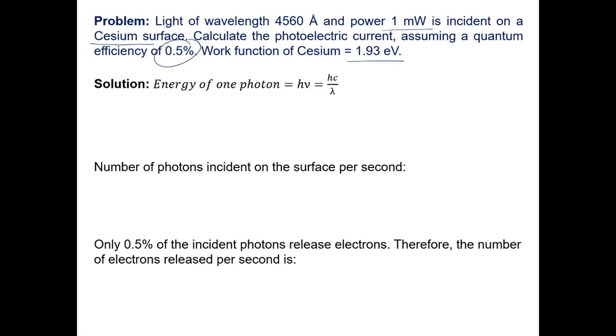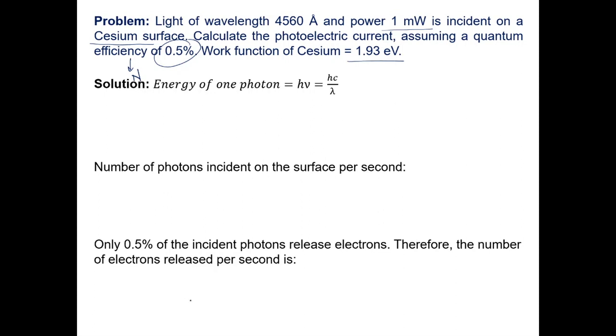So if you have n photons incident on the surface, only 0.5% of those n photons are going to be responsible for offering you the photoelectric current, right?